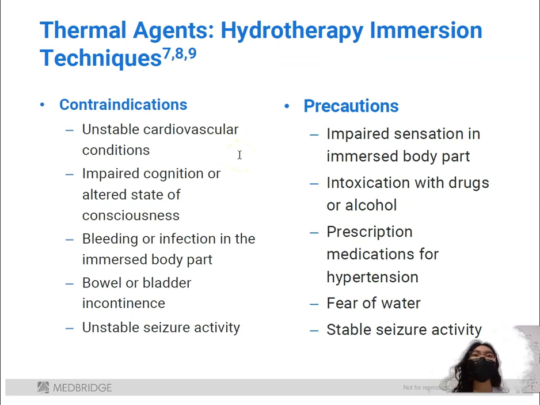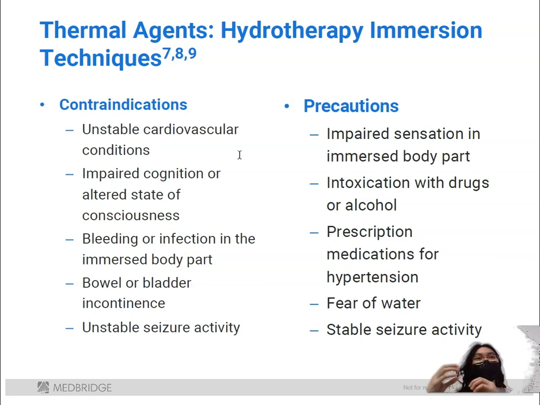Now, let's discuss the contraindications and precautions. Alright? Pag contraindication, one of which is your unstable cardiovascular condition because, di ba, isa sa benefit of your hydrotherapy is yung ability to somehow help your cardiovascular function well.